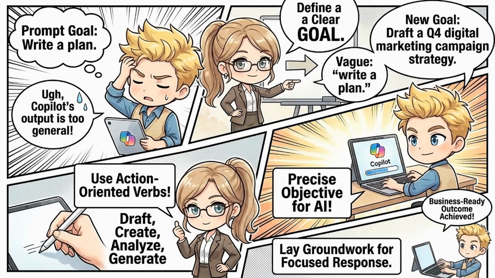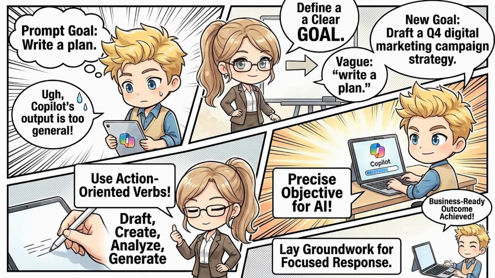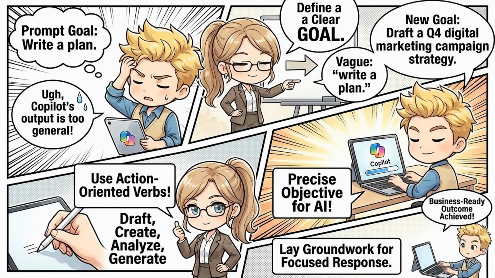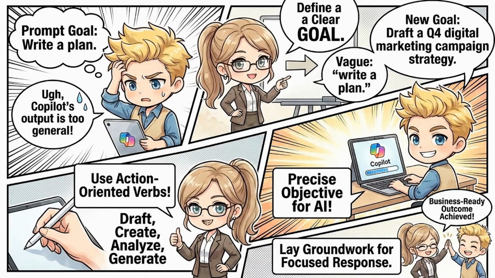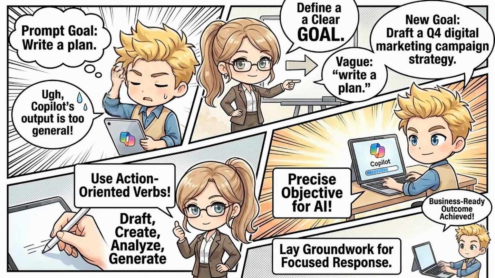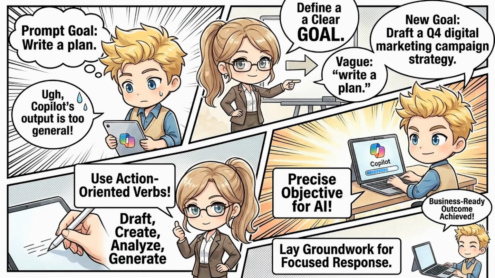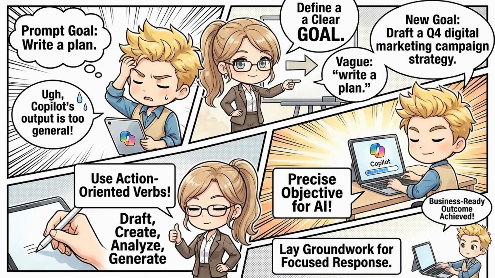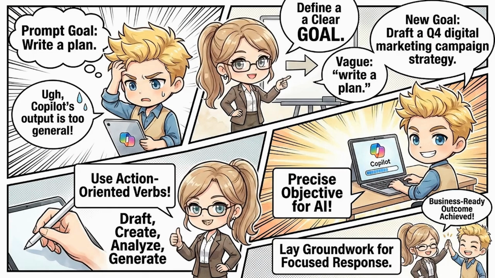Let's explore how David can rebuild his prompt to achieve a business-ready outcome, starting with the first ingredient: defining the goal clearly. Instead of a vague directive like "write a plan," David needs to instruct Copilot precisely what action he wants it to perform. A much stronger and more effective goal would be to explicitly tell Copilot to draft a Q4 digital marketing campaign strategy.